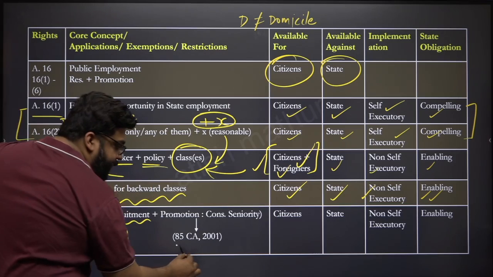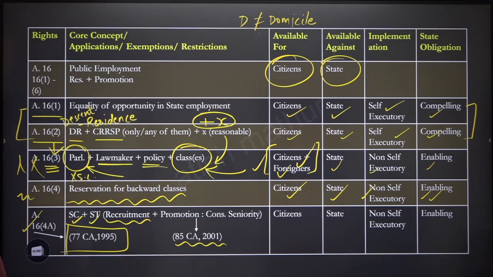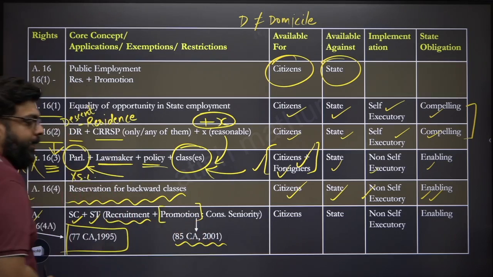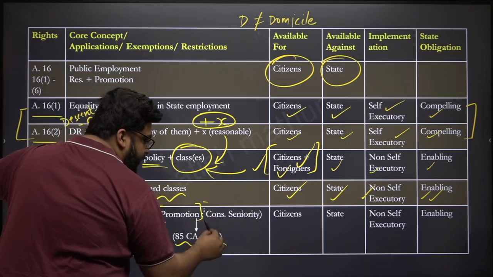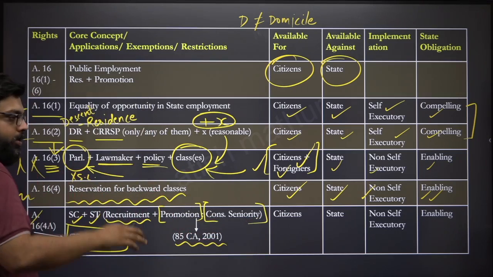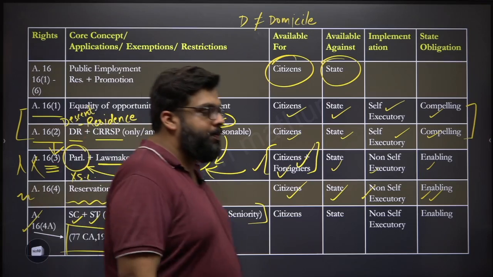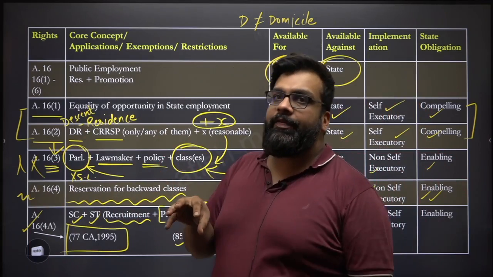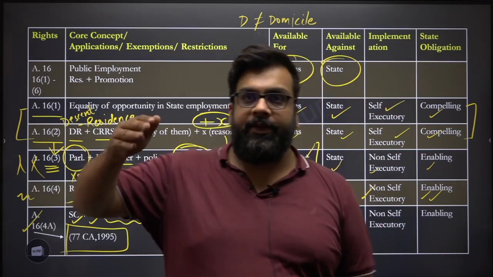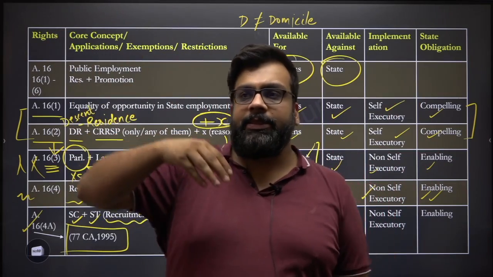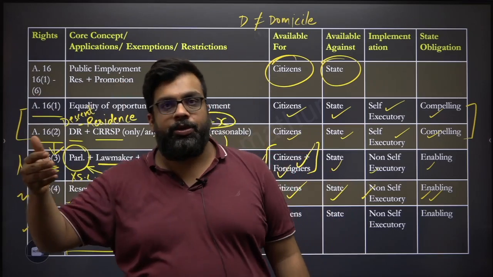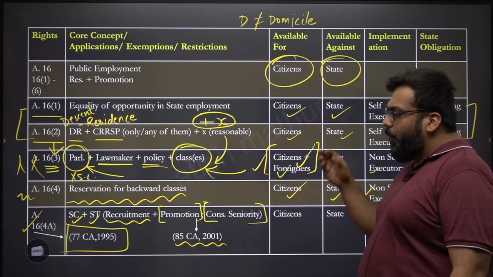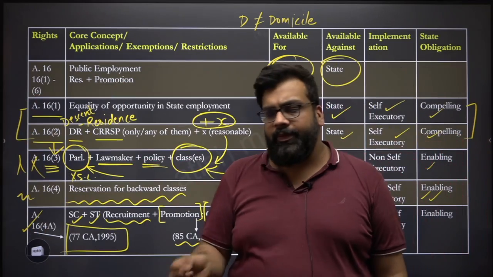But through the 85th Constitutional Amendment of 2001, it provides for reservation in promotion as well, and it also refers to something called consequential seniority, which basically means that if a person has been promoted, even if it is because of reservation and therefore is now senior, that person will continue to command that seniority for the rest of the career. It's basically that.